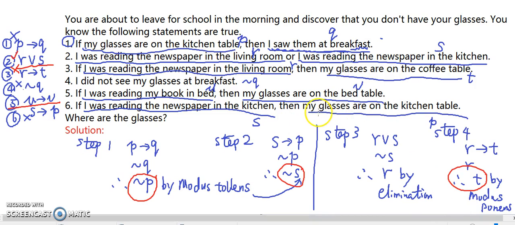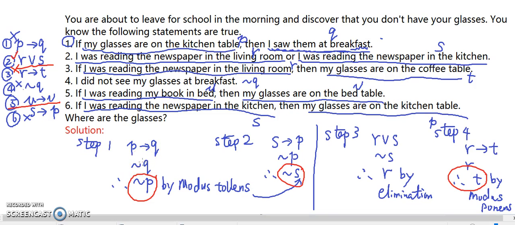But if you don't use symbols, you may still be able to get the same conclusion. It's just that every time you write down your argument, you have to use sentences instead of those symbols. For example, step 1, you have to say, by statement 1, if my glasses are on the kitchen table, then I saw them at breakfast.